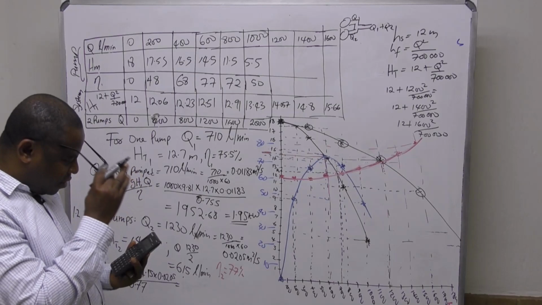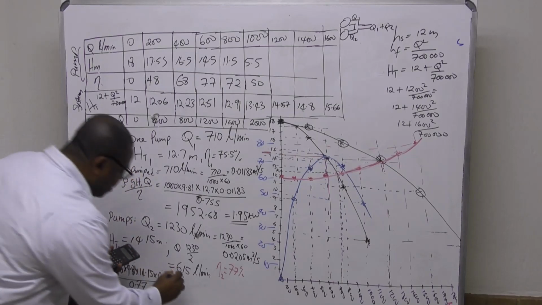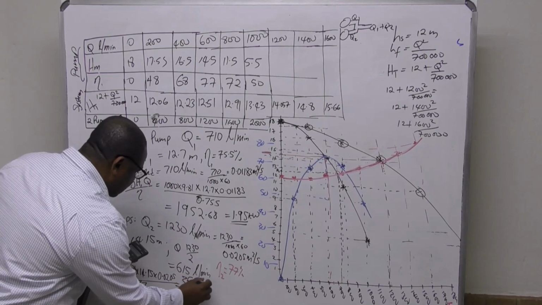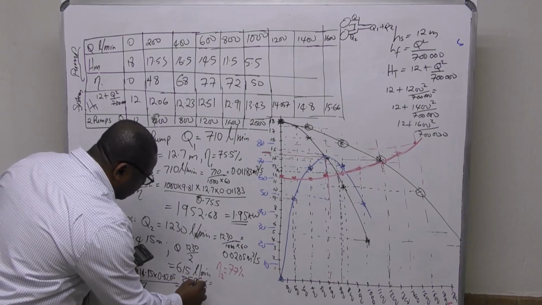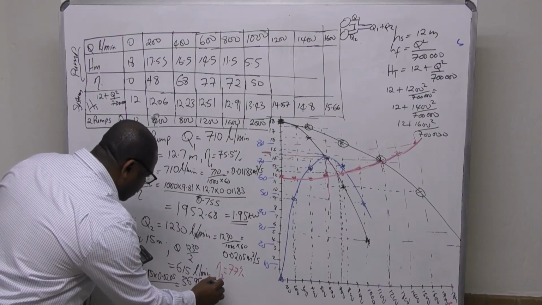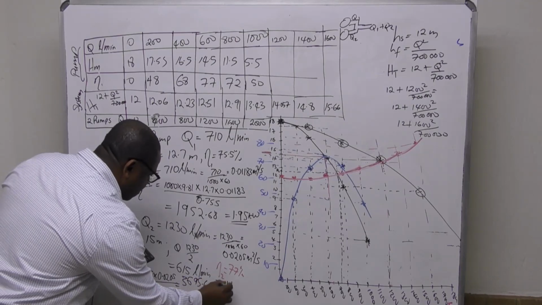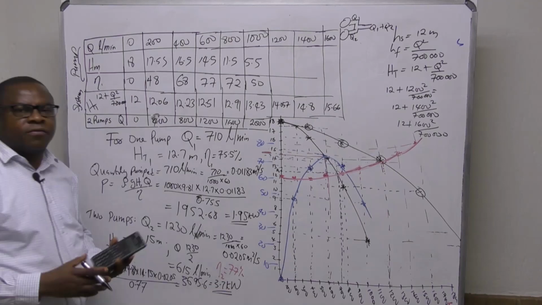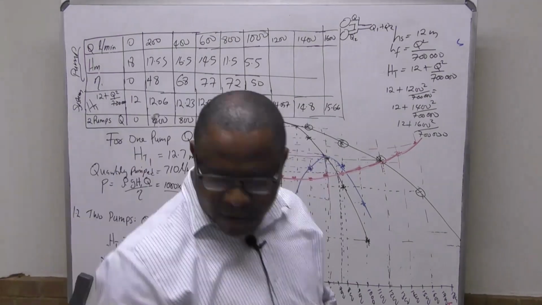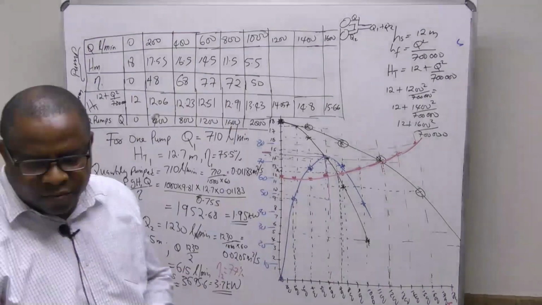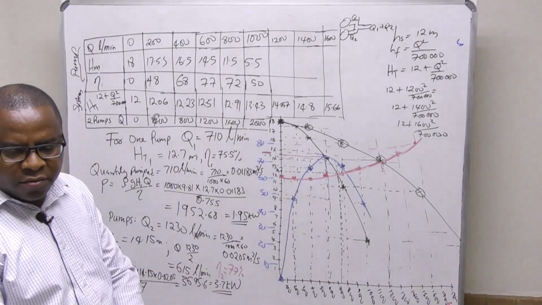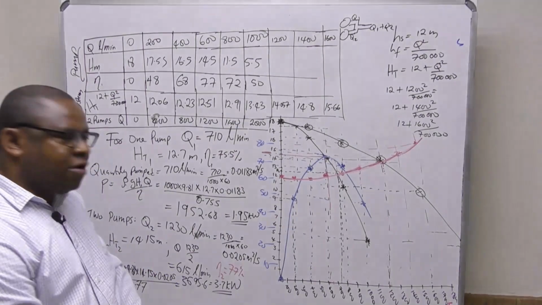You get 3695.6, which is 3.7 kilowatt. All right, 3.7 kilowatt. Did you get that?